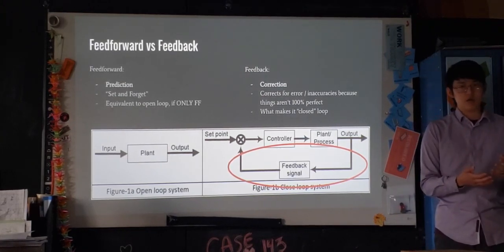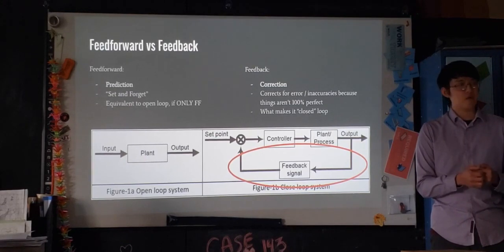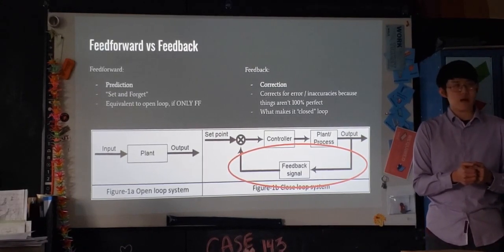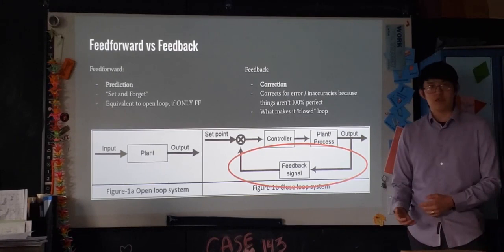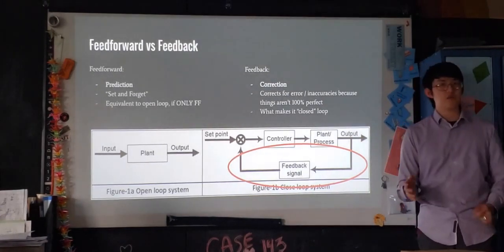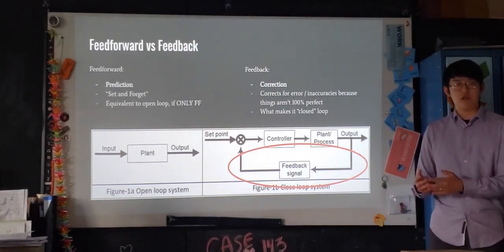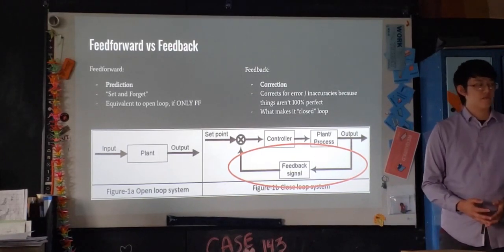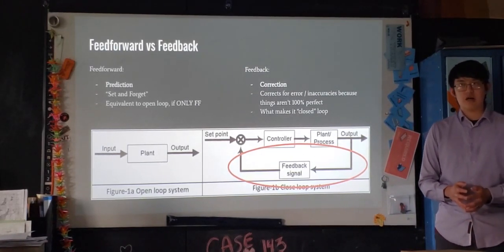With feed forward, it will try to predict how much voltage you need to input into the motor to reach that velocity of 5 meters per second.